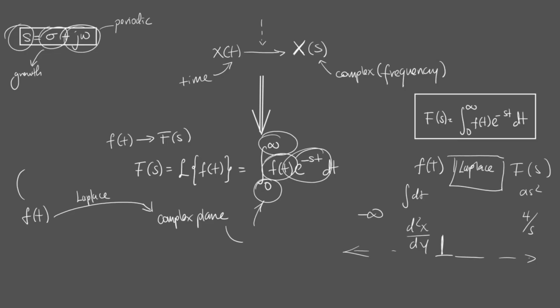So now you have small f of t here, and capital F of s here. You solve with algebra in F of s, and then take the inverse Laplace transform, back into the regular plane, and then you get your final answer for the solution.